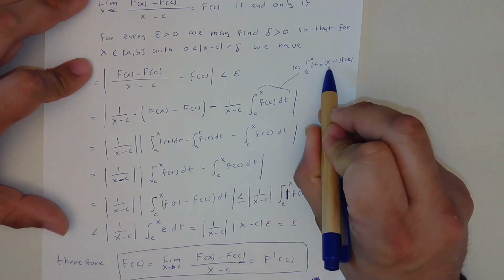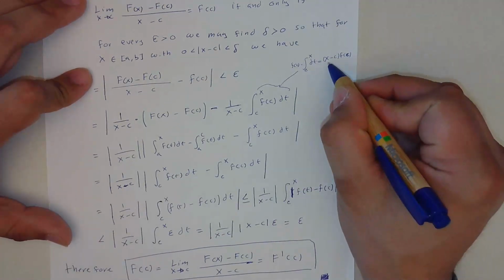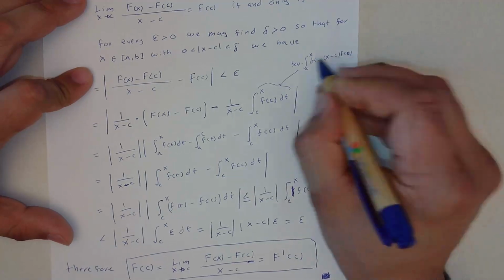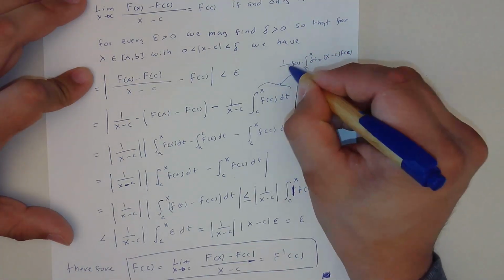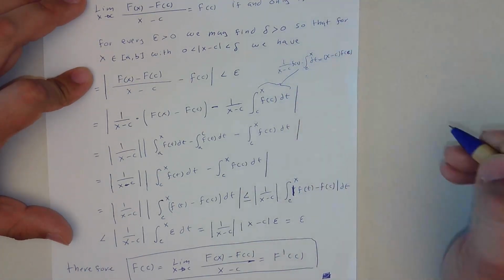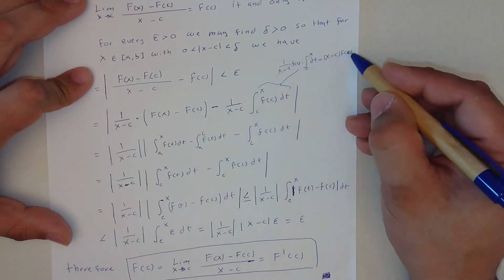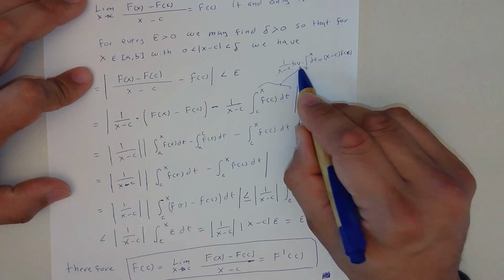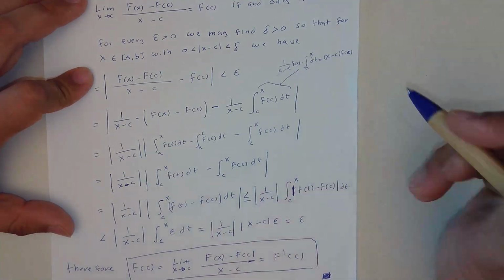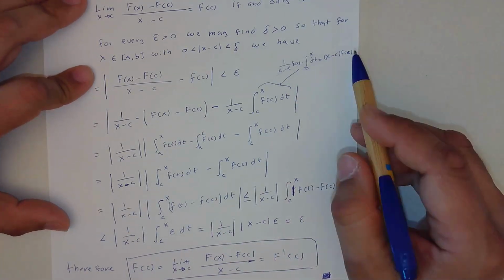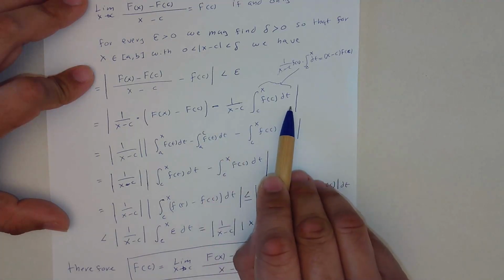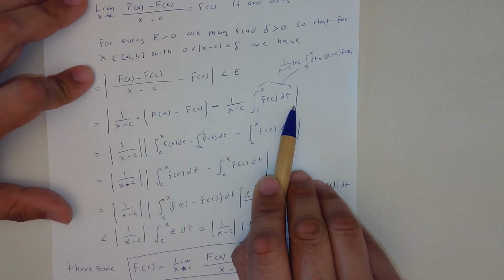And if I want to remove this from the difference, I also need to multiply it by 1 over x minus c, right? So this one will cancel with this one, and finally we will have only f of c. So I am just doing a multiplication by 1 here, but putting it in this form so that I can work with the integrals.